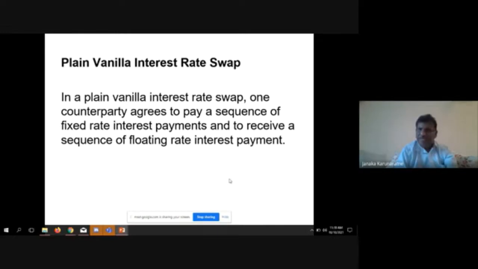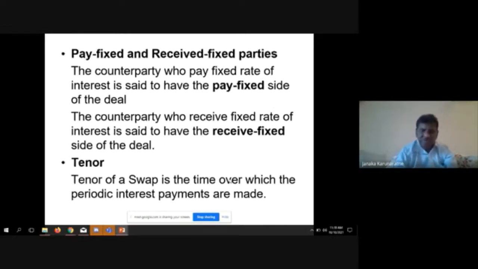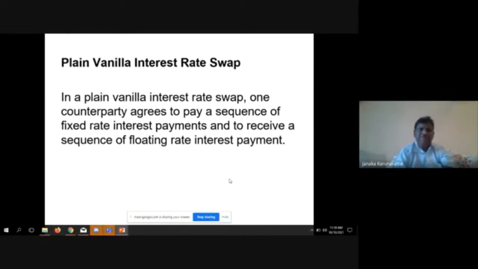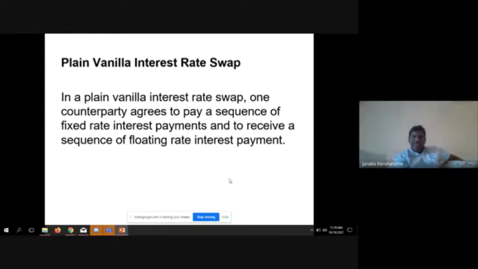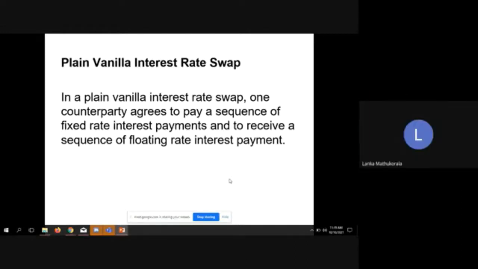For example, if your bank has granted floating rate loans, what is the risk to you? Interest rate going down. Interest rate reducing.